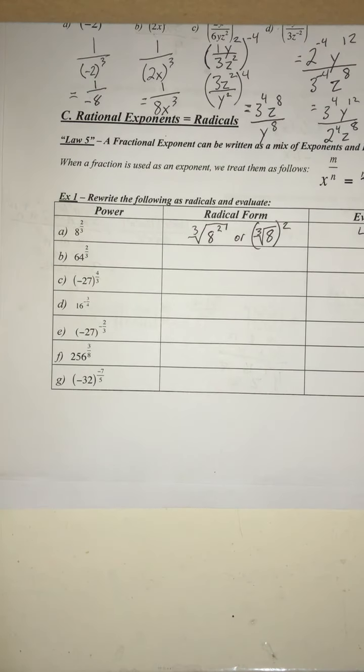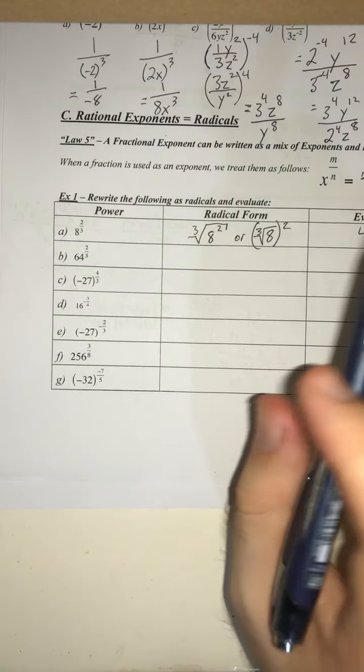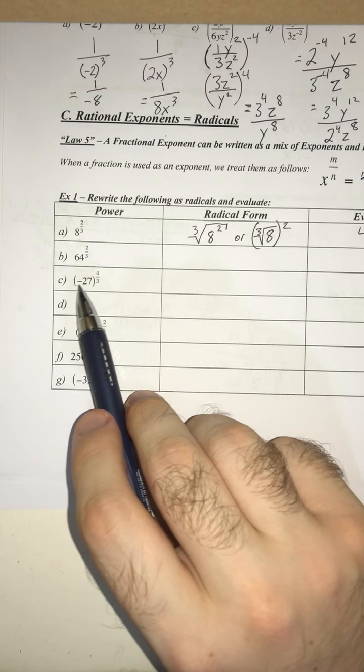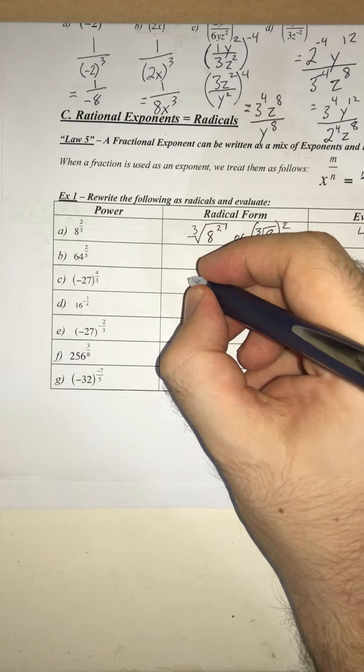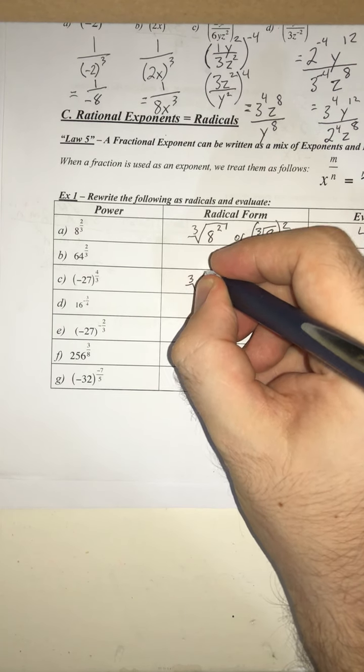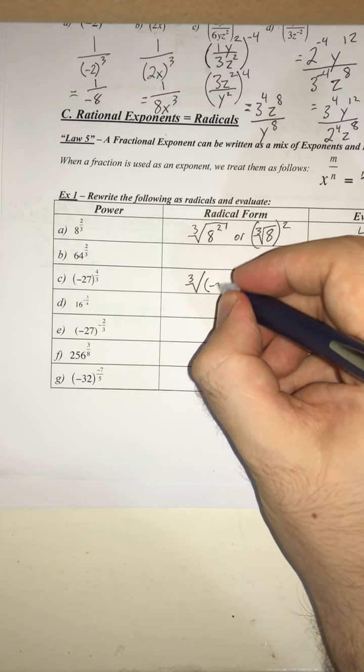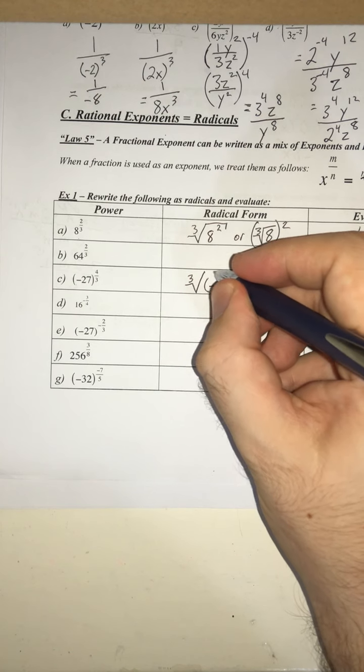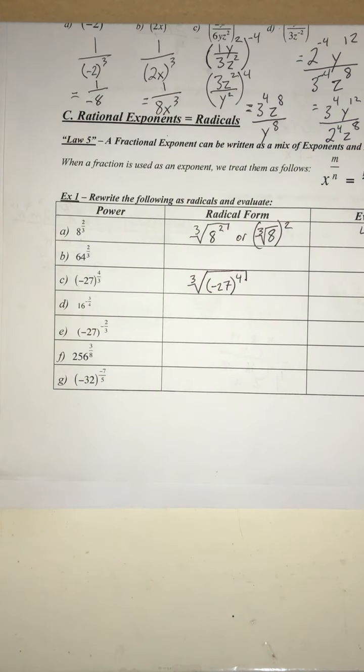You can continue on with stuff like this. So let's just do another one. Here, the negative one. We've got the cube root of negative 27 to the power of 4. But mister, you're not allowed to have negative numbers inside of a bracket.